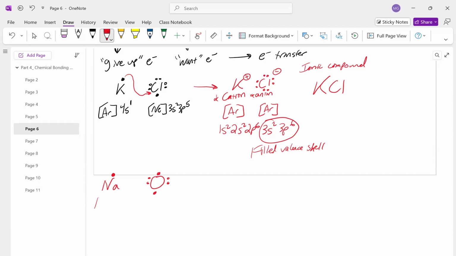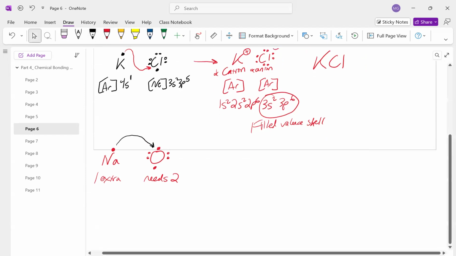Now sodium has one extra and oxygen needs 2. Well, if this single sodium atom were to give its electron to oxygen, oxygen's still not happy. It still doesn't have a full octet. What else? It needs one more.